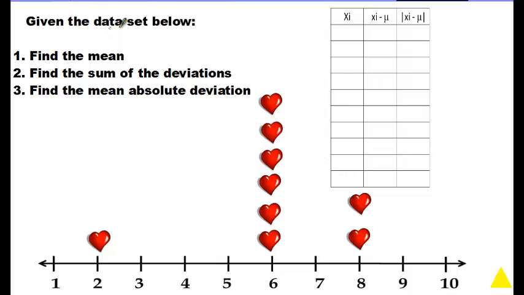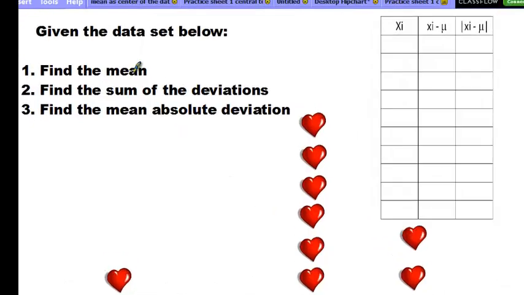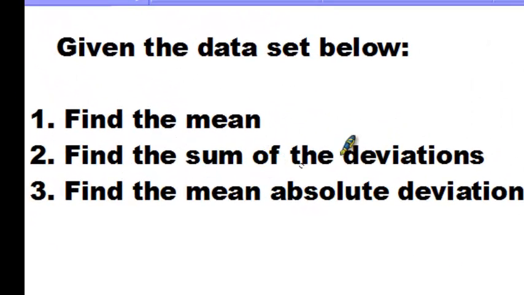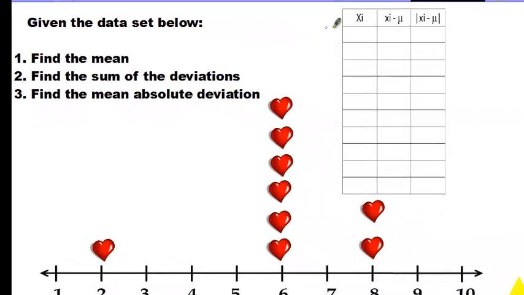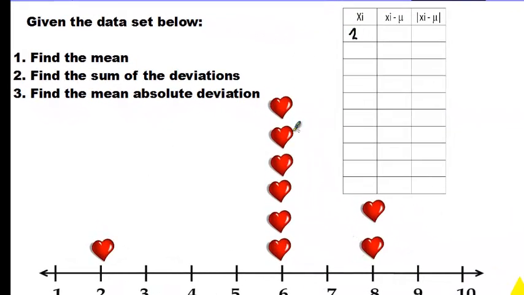Let's have our last example. Given the data set below, find the mean, find the sum of the deviations, and find the mean absolute deviation. So I have 2, I have 6, 6, 6, 6, 6, and I have 2 8s.